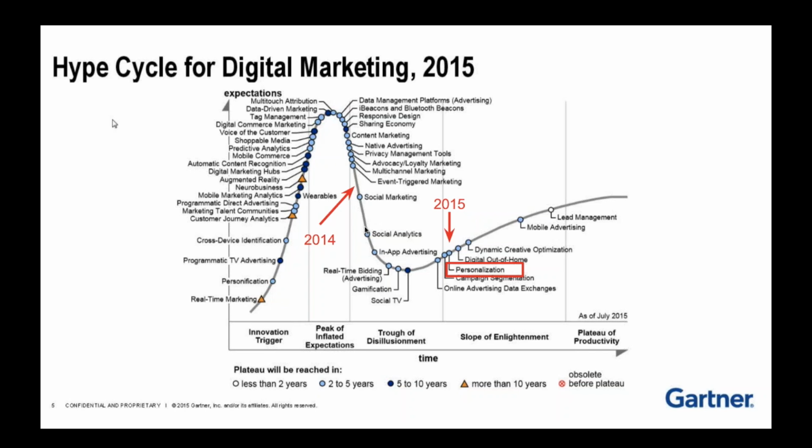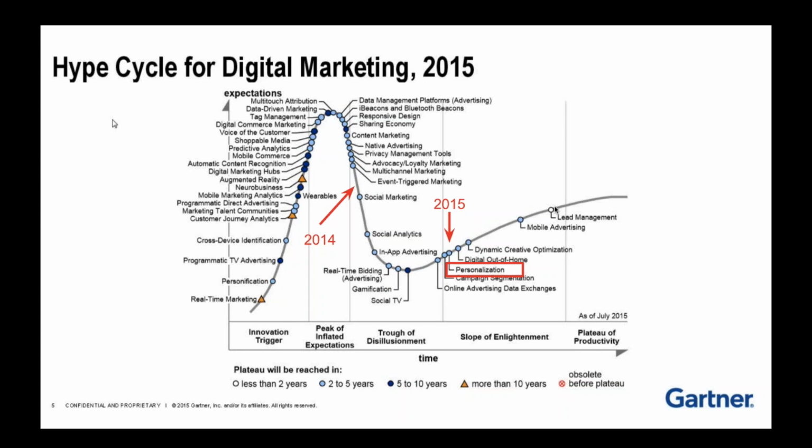And 2 years ago, 2014, personalization was there. It was in the middle of the slope. Now, in a year to 2015, personalization has moved out of that depressing trough and is now moving towards actual plateau productivity. And now we're at 2016 and we're probably a little bit further along.